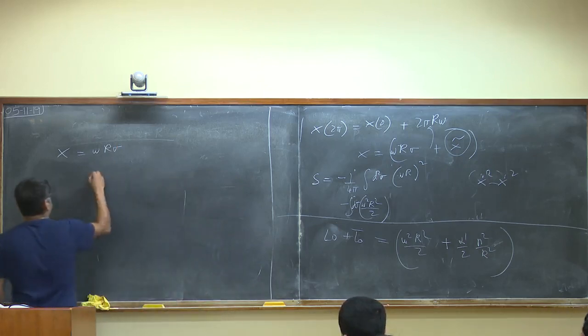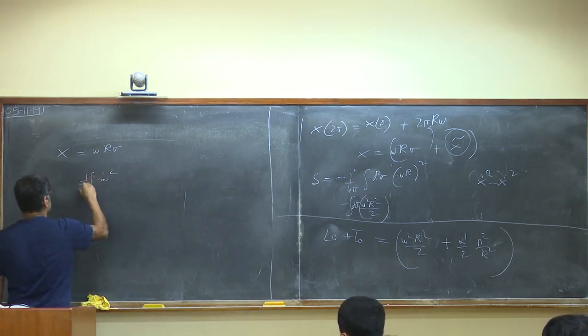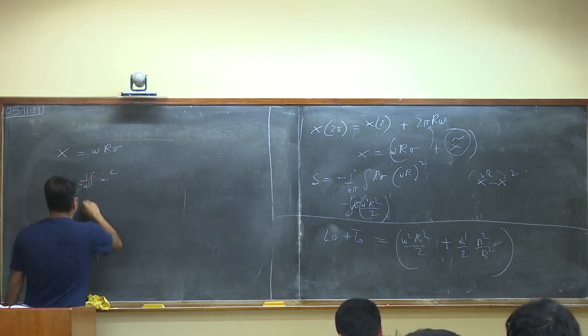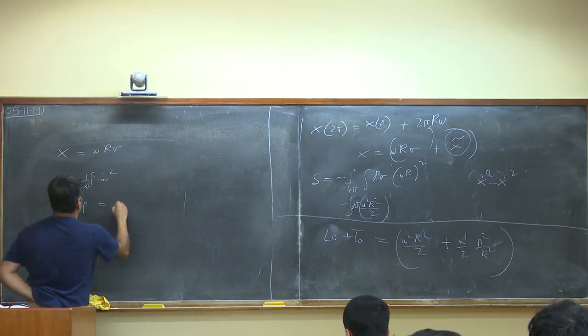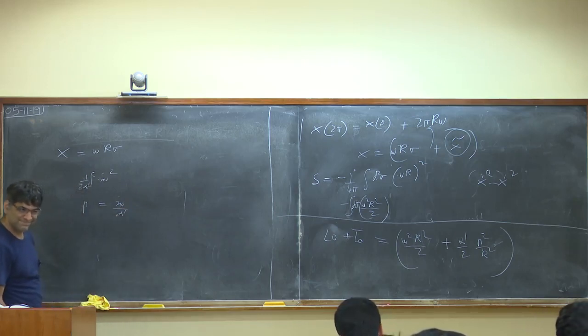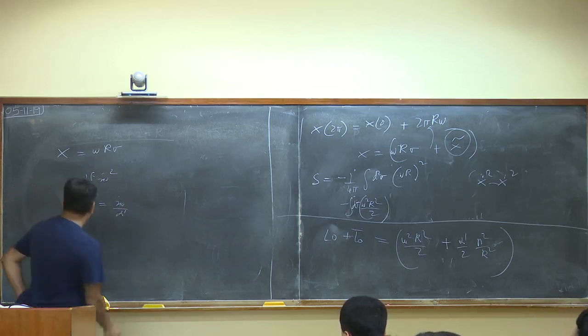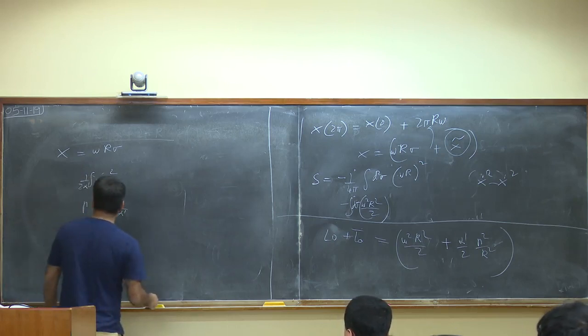And you remember the relationship between p and x dot. That comes from the action being x naught dot squared by 2 alpha prime. So p is the canonical momentum conjugate to x naught, so is equal to x naught dot by alpha prime. Okay? So p is equal to x naught dot by alpha prime.